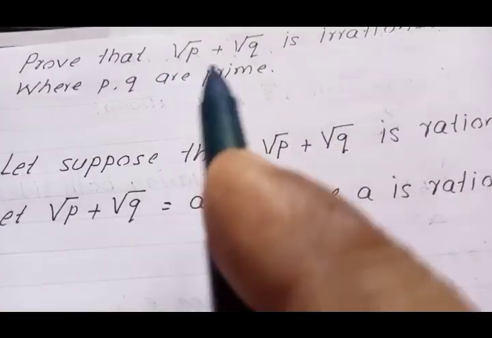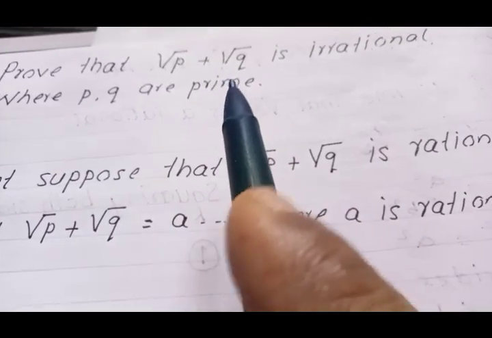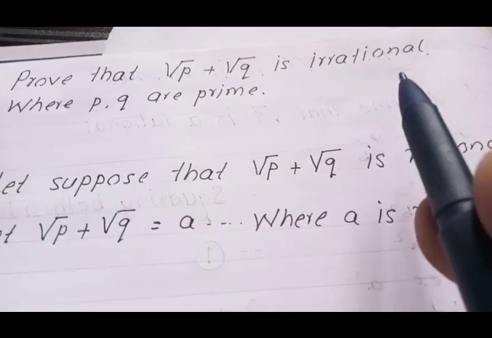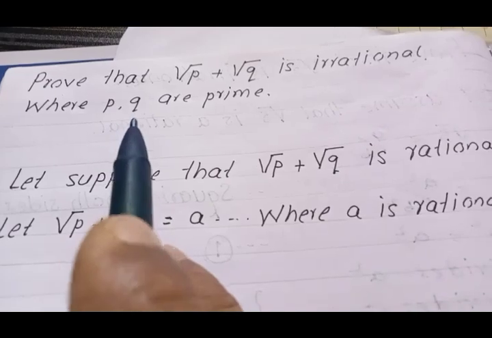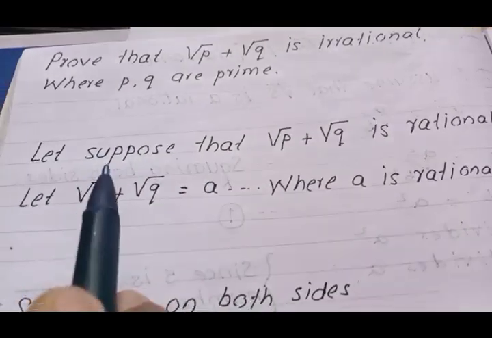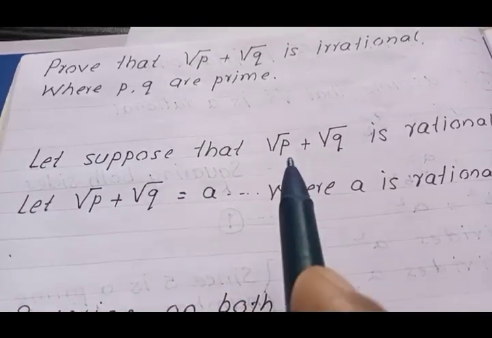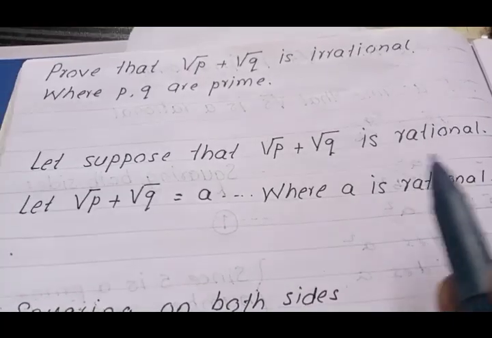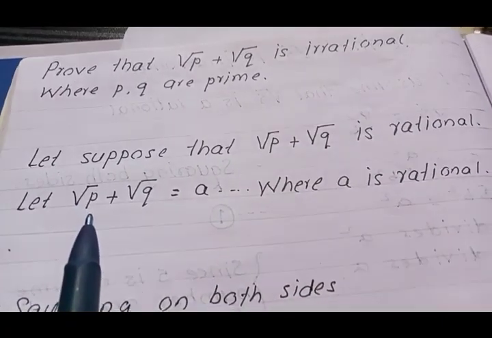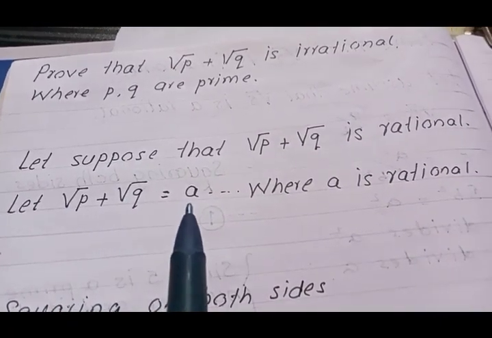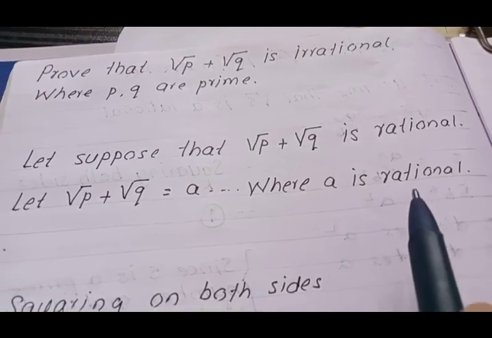Second one, prove that √p plus √q is irrational, where p, q are prime. Answer. Let's suppose that √p plus √q is rational. Let √p plus √q equal to a, where a is rational.